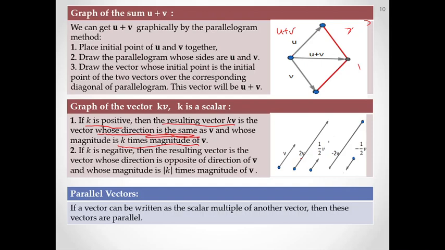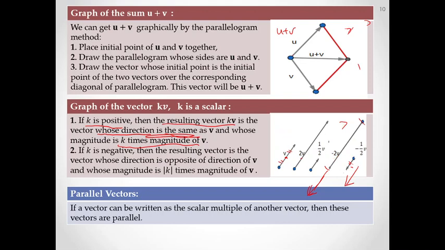And if it is -2, it changes the direction. As you see, they go this way, but this one goes the other way, and the length will be doubled. And if it is -1/2 v, the length will be half. When you compare to v, it's half the length, but since it is minus, it goes the opposite way.